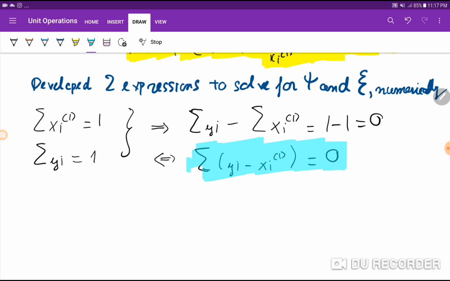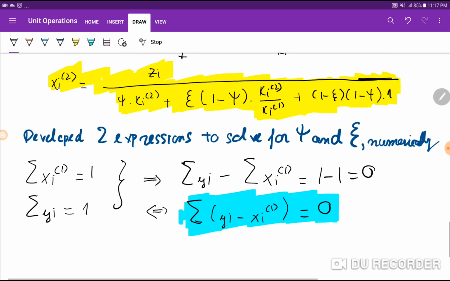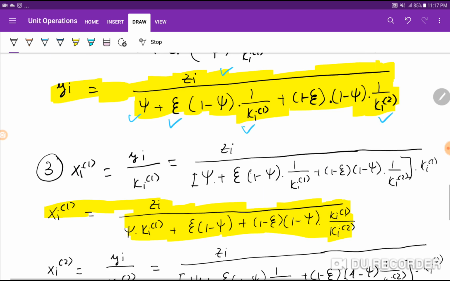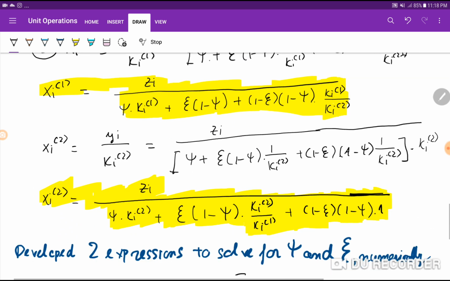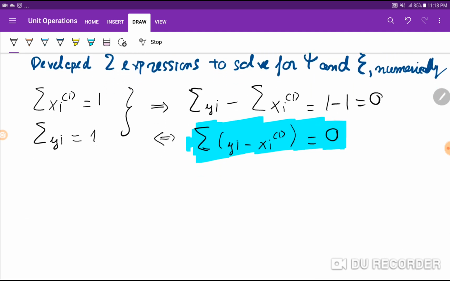So now I'm going to block in yellow the expression I found above, to solve for it exactly.